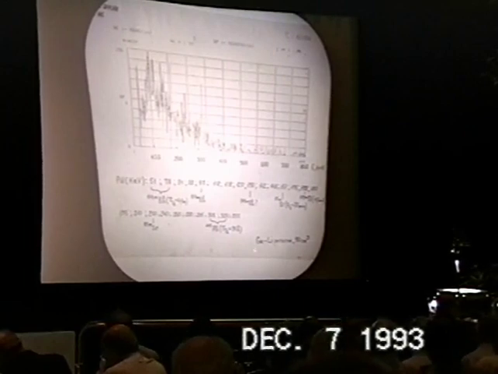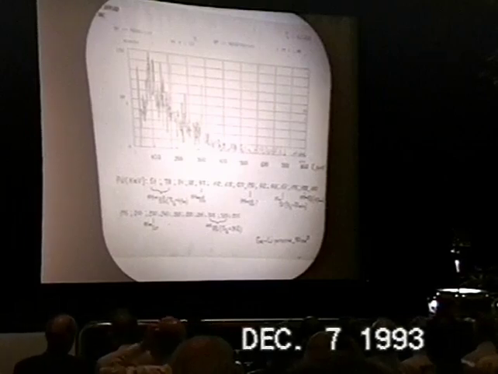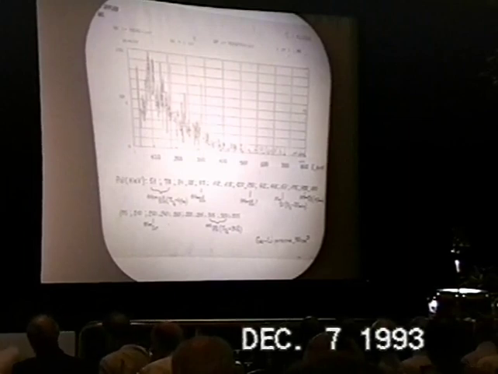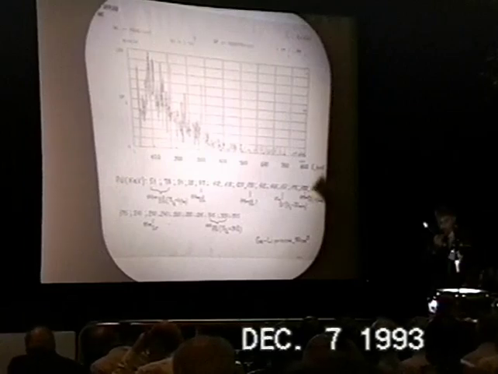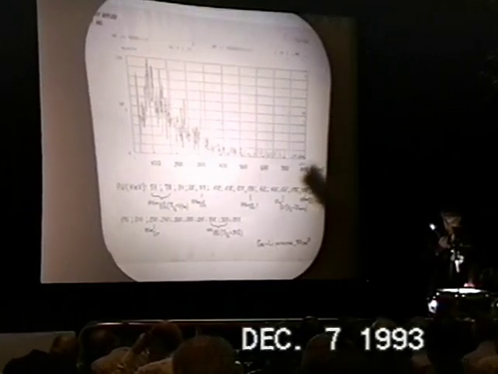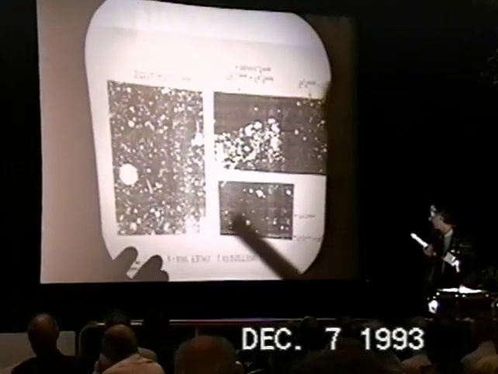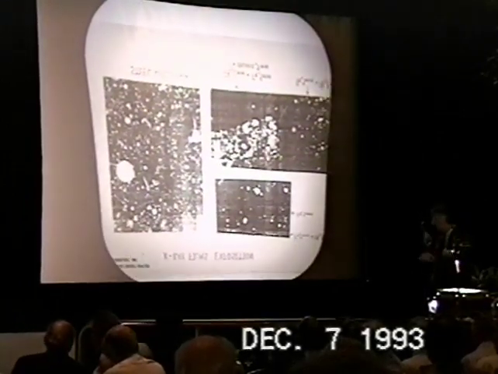Strangely enough, most of the lines can be considered to be the results of one of the mass 105 isotopes, the excited states of palladium 105. This is the result.